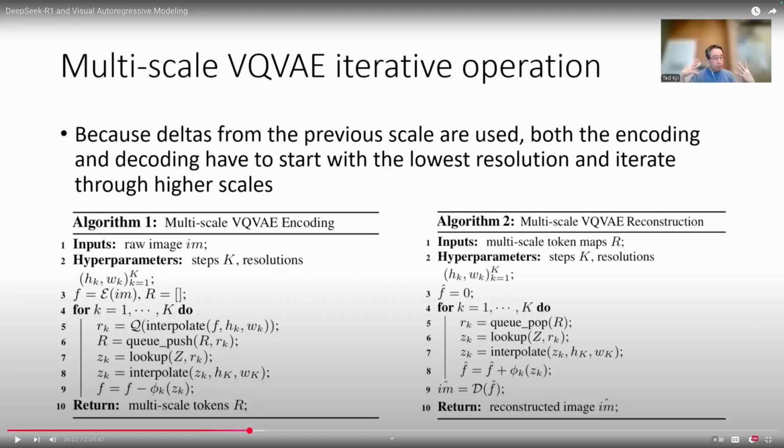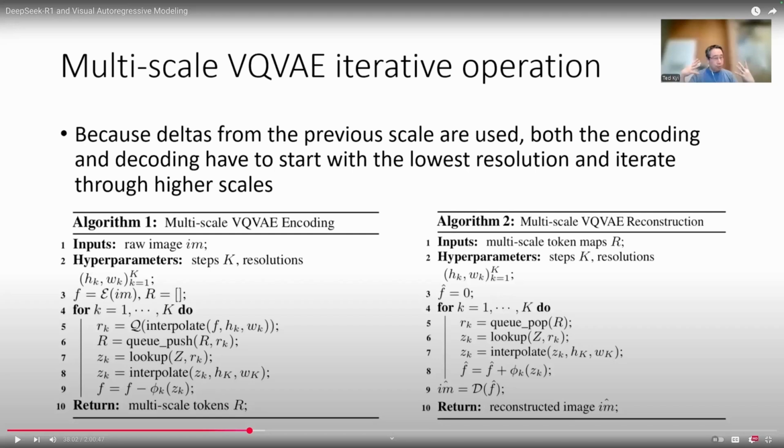And then you get the next one, and you project that, and you sum that up, and now your image is going to look a little better. And then you get your 9 integers, you run those through, you add that, and you do this until the 16 by 16. This is how you would work with the VQ-VAE all by itself.